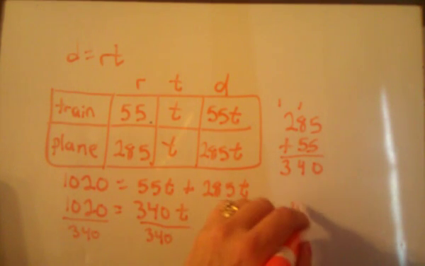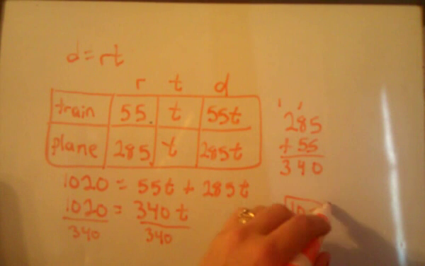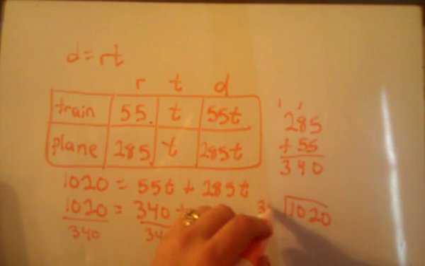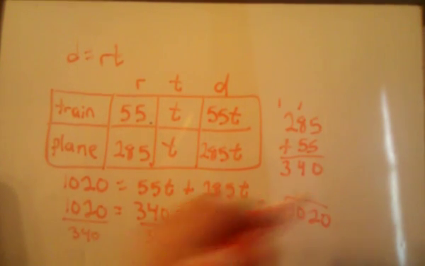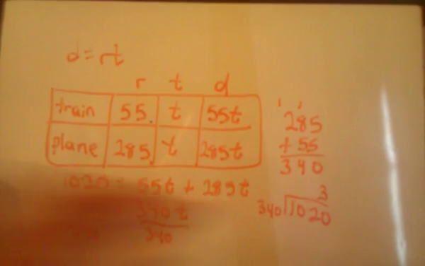Okay, 1,020 divided by 340. Go ahead and use your calculator. What is it? I guess you already did it. You're waiting on me. 1,020 divided by 340 equals 3. Okay. Now wait a minute.